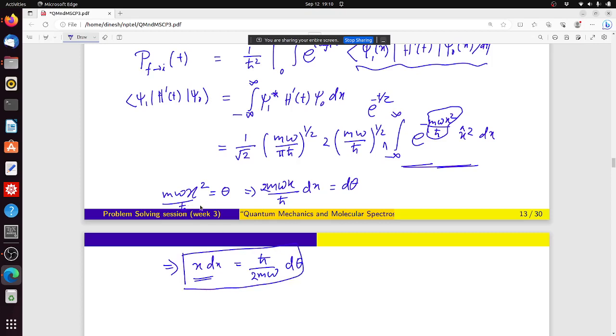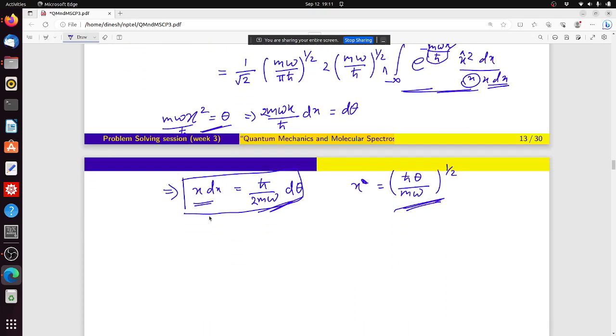And from this relation I can get x also. x square will be h cross theta over m omega, so x will be root over of this. Now I can substitute this x square, and for x dx I'll put this value.